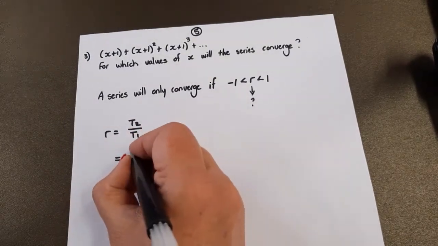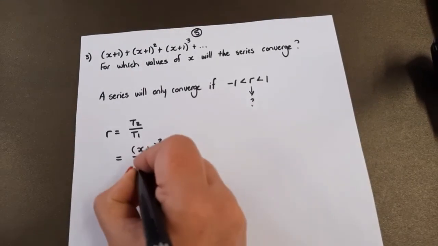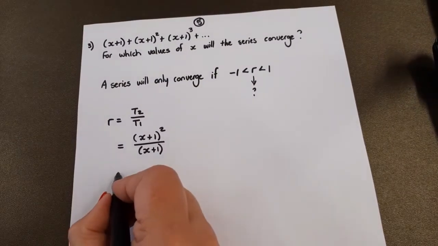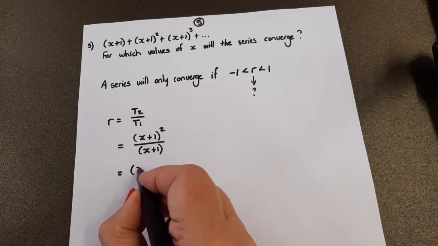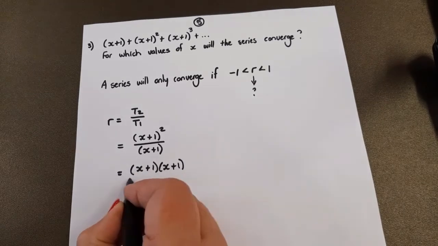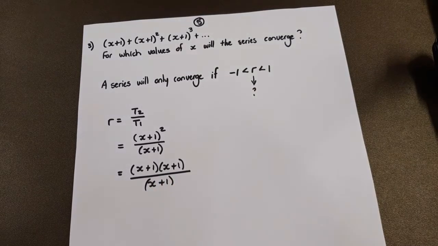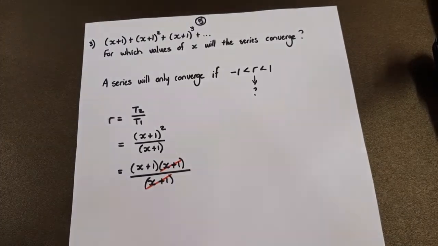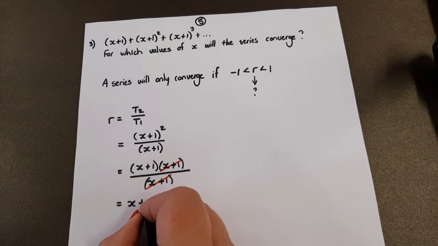So term 2 is x plus 1 squared divided by x plus 1. Just to be clear, we can rewrite that as two brackets. x plus 1, x plus 1 over x plus 1. Two brackets cancel out and we get that r equals x plus 1.